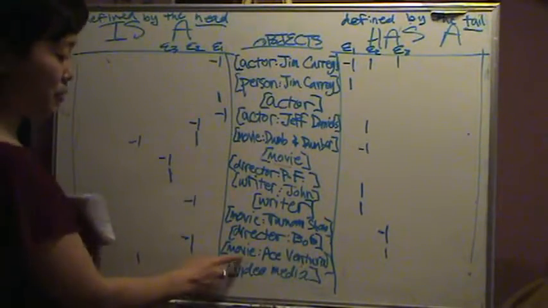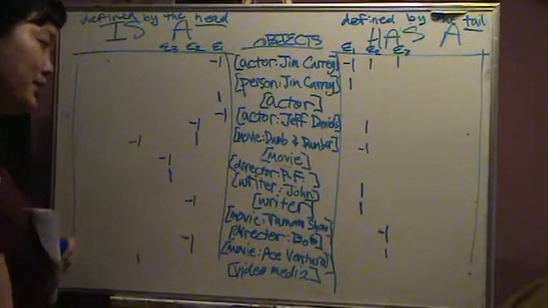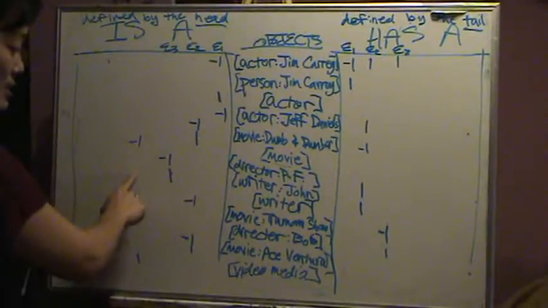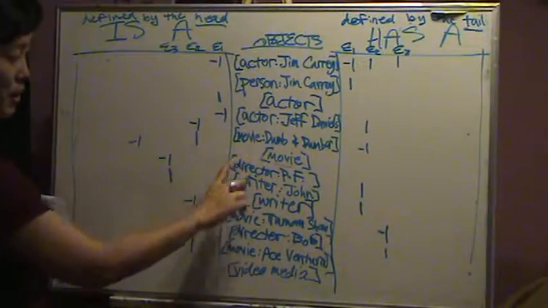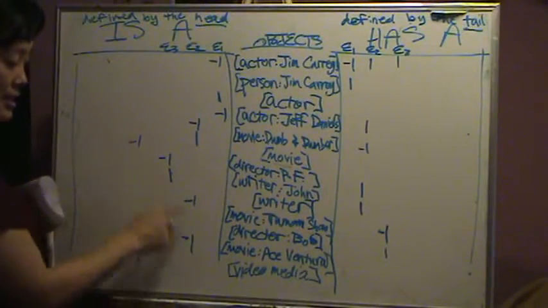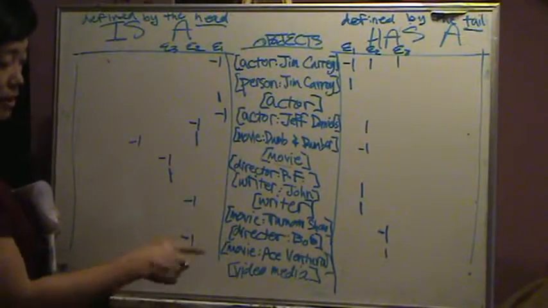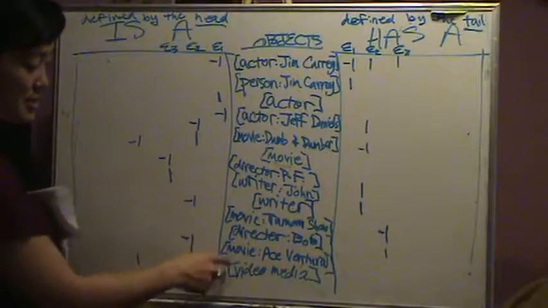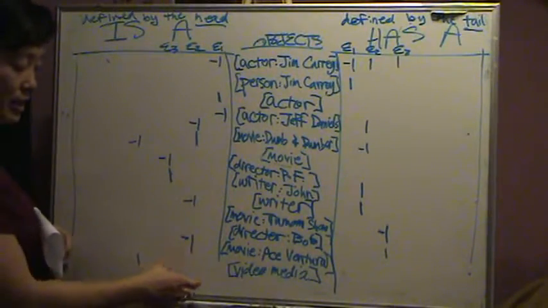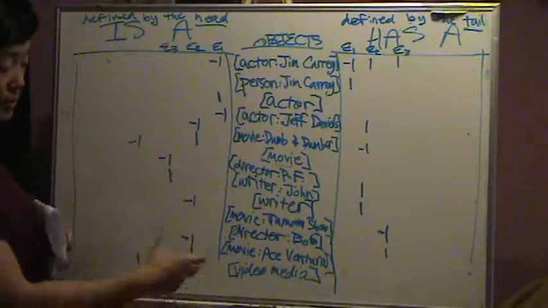And now we have movie Ace Ventura. Well, we've already said that movie Truman Show and movie Dumb and Dumber are movies, and they each have those properties. So it may be a good guess to say that other movies also have directors. And so since movie Ace Ventura also is a movie, it may also have a director.